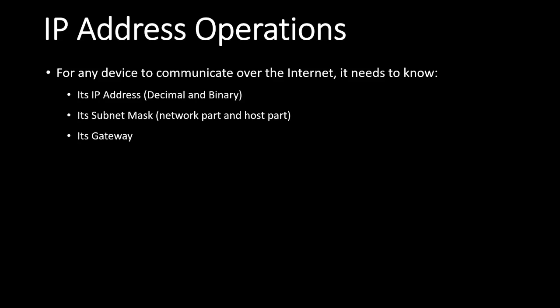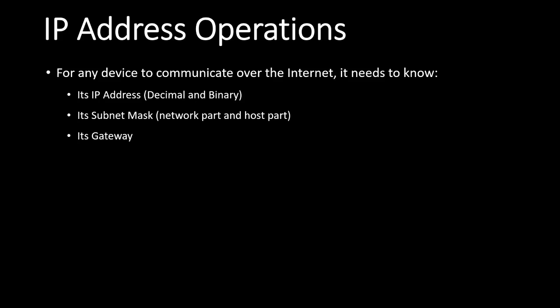In addition to IP address, each device should know its subnet mask, which identify network part and host part in IP address, and also each device should know its gateway, so if it wants to send traffic outside its own network, it should send it to gateway, and gateway will transfer this traffic to other gateways or other routers in the internet.